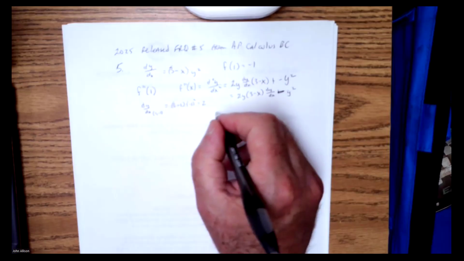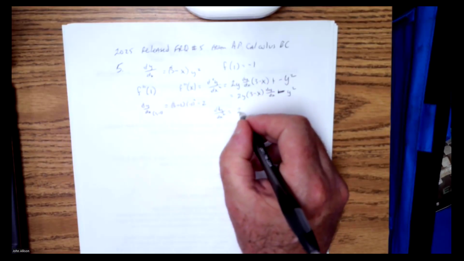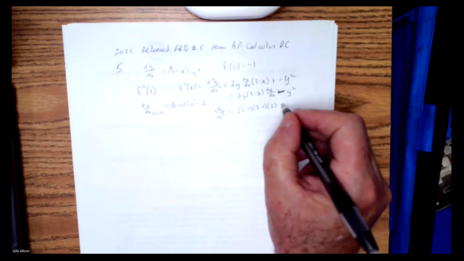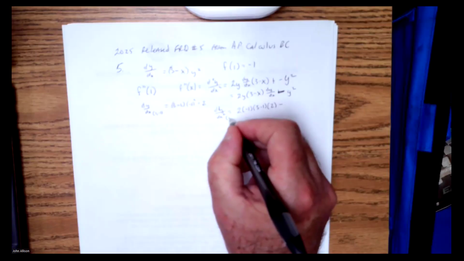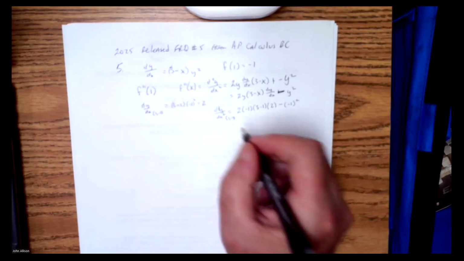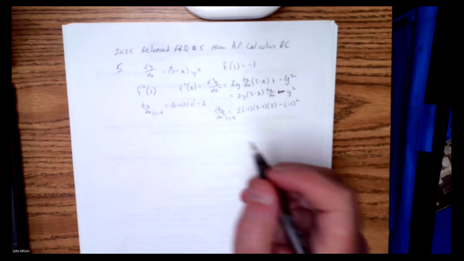And so with x equals 1, the second derivative of y is going to equal 2 times -1 times (3 minus 1) times 2, the dy/dx, minus y squared, which is -1 squared, evaluated at the point (1, -1). We can leave it like that. We don't have to simplify and take a chance on messing up any signs. That's going to be part A.